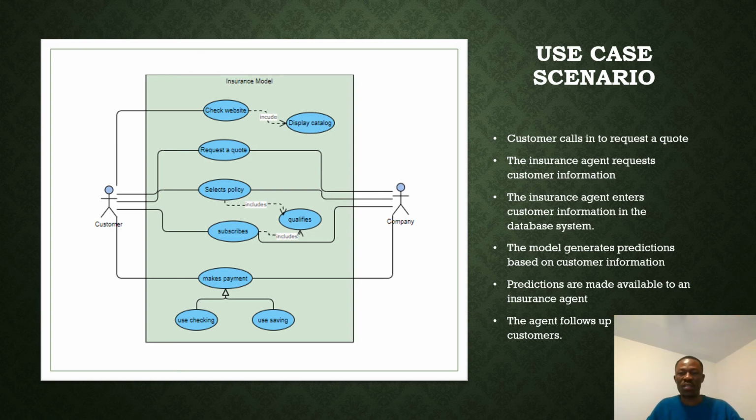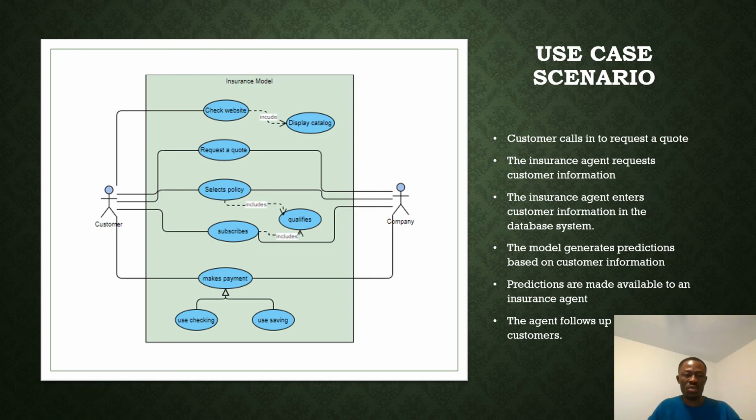Now we have a use case scenario where we have the insurance model, which is barricaded by a border. This borderline tells that anything within the insurance model is part of the machine, and anything outside the model are external actors. We have the customer being the primary actor, and the insurance agent being the secondary actor.